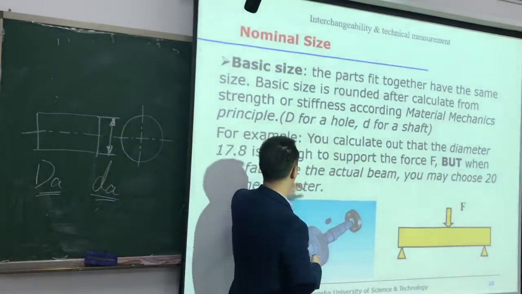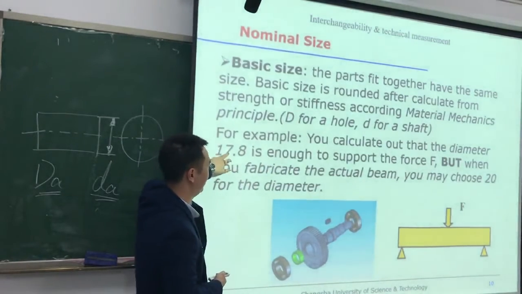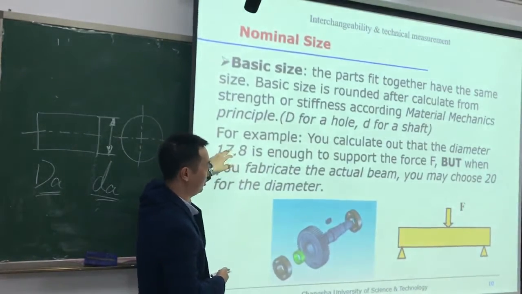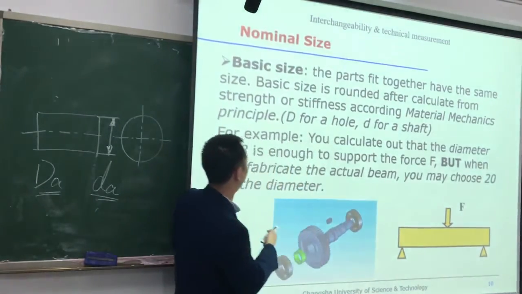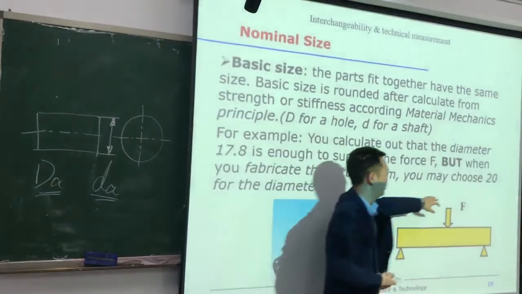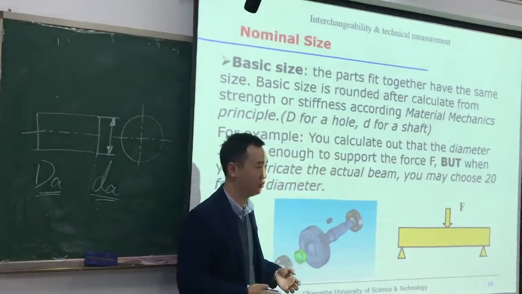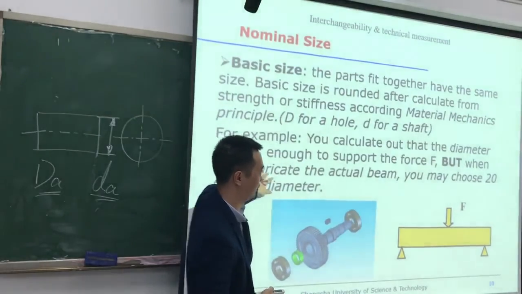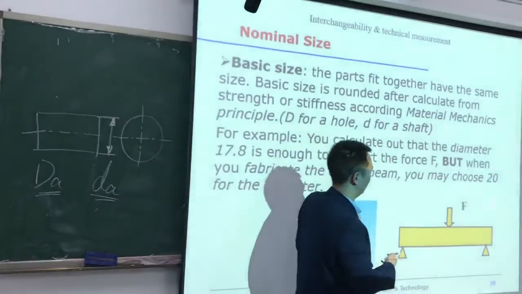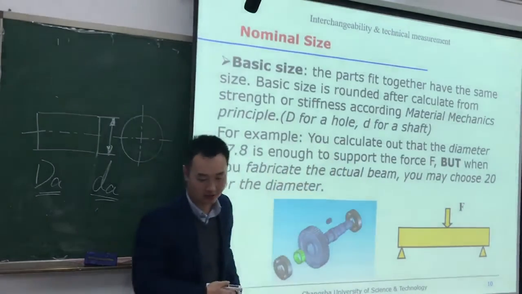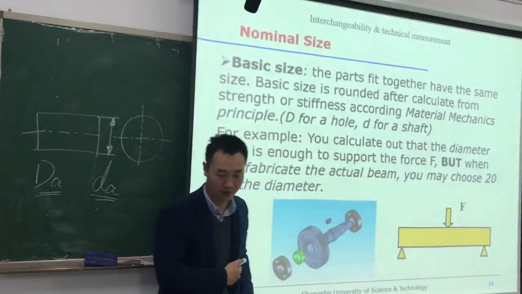You can choose a value larger than the diameter you needed, because we always choose preferred values. That's why we learned the preferred values in the last course. We always need to choose among the preferred values to fabricate the real beam.